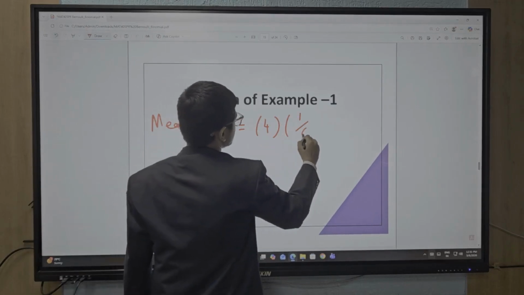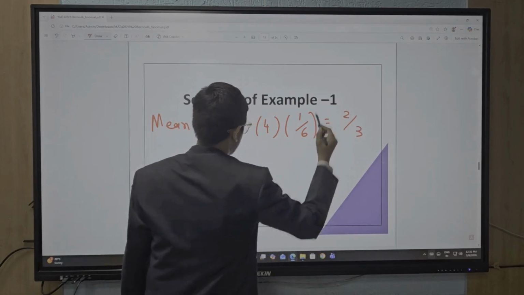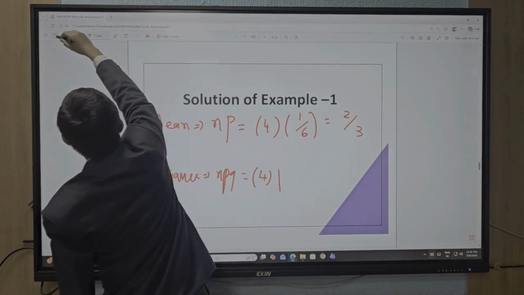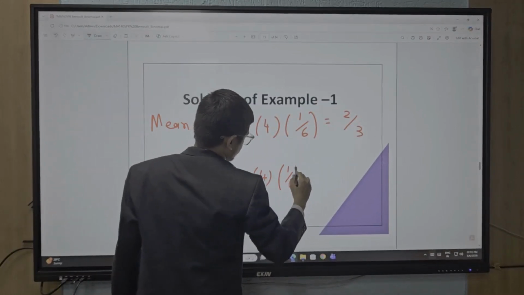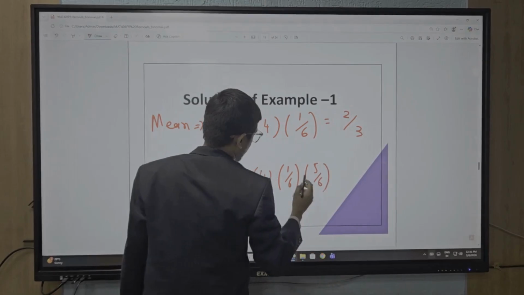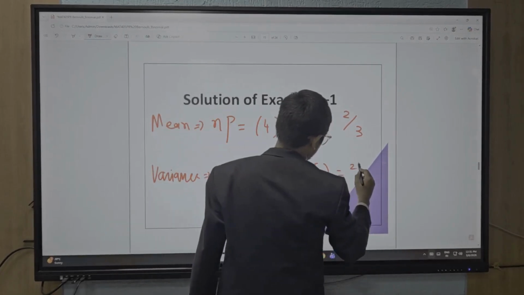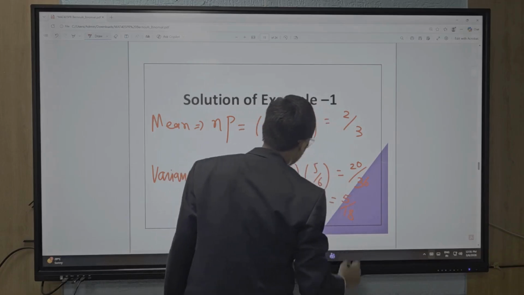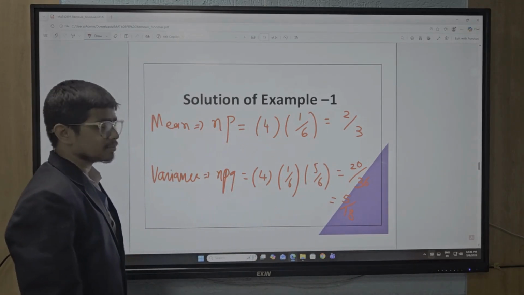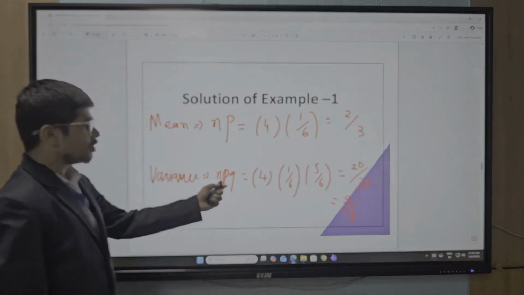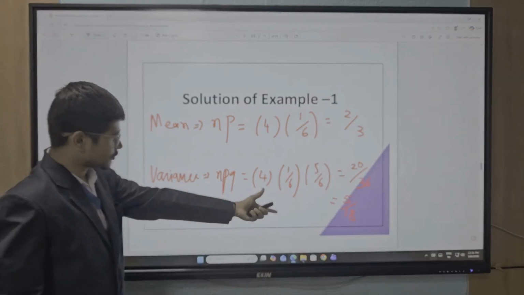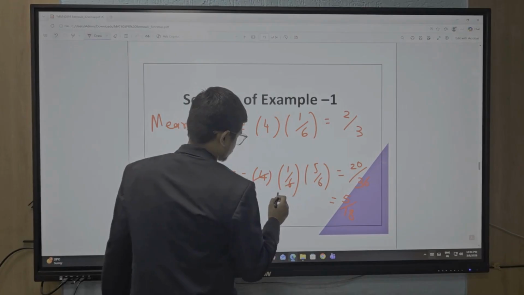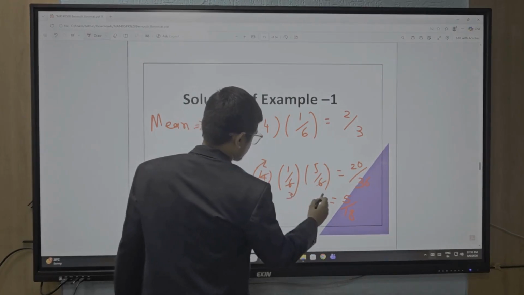The probability of success is 1 by 6, so the mean is 4 into 1 by 6, which is 2 by 3. For the variance, 1 by 6 times 5 by 6 is 5 by 36, so 20 by 36, which is 5 by 9.